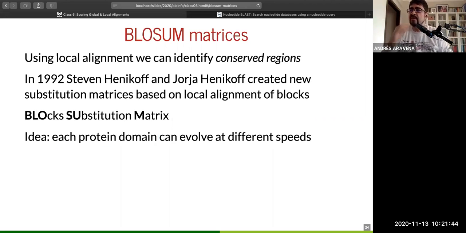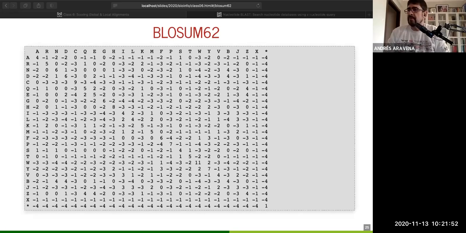So essentially they say, okay, I am going to classify my matrices based on how similar the groups are. The typical one that people use is this one, the default matrix that we use for protein alignment. It's called BLOSUM 62, which is based on alignments that have 62% similarity.